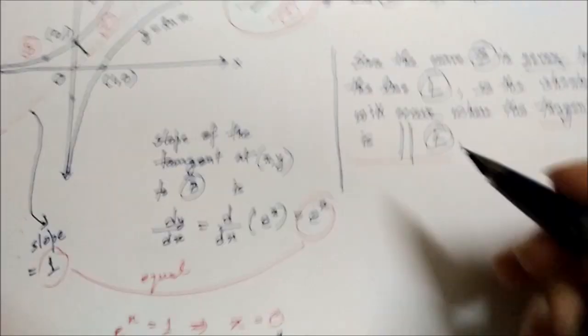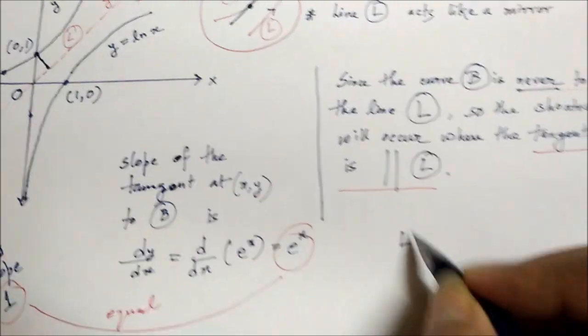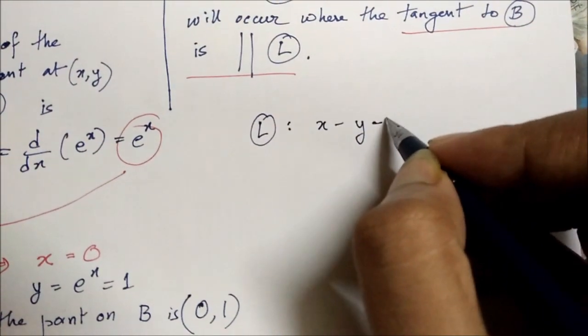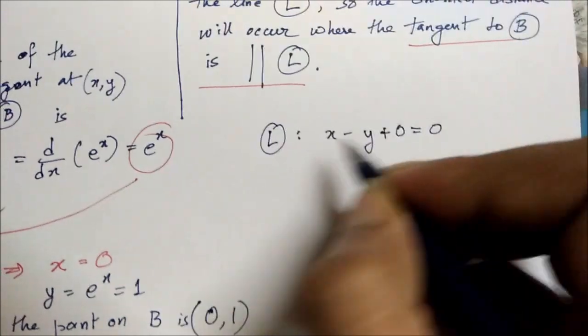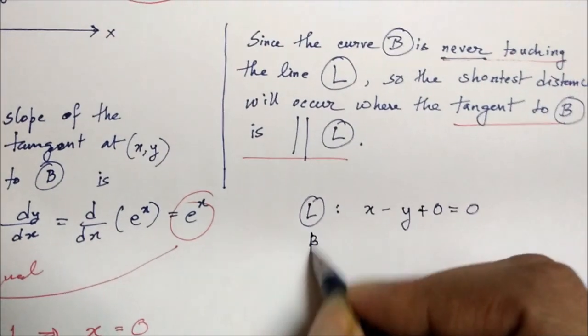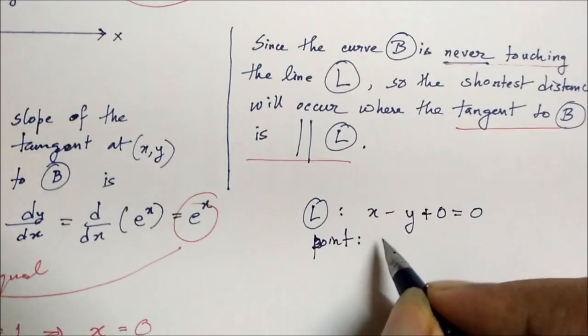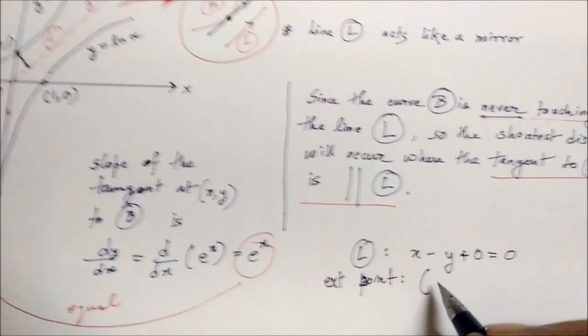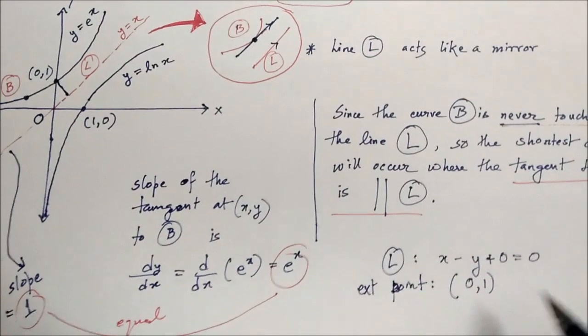So the line L, if you write it in the general form, is y minus x plus 0 equals 0. It's the ax plus by plus c equals 0 form. The external point is (0, 1).